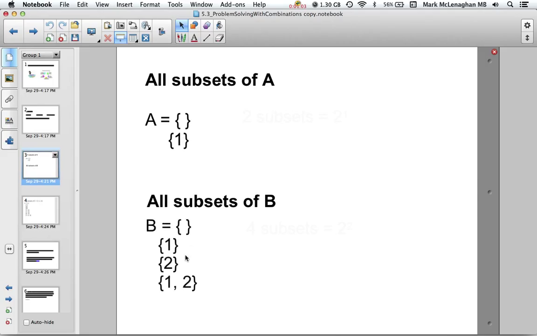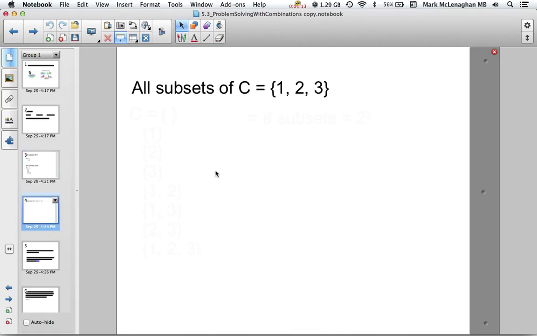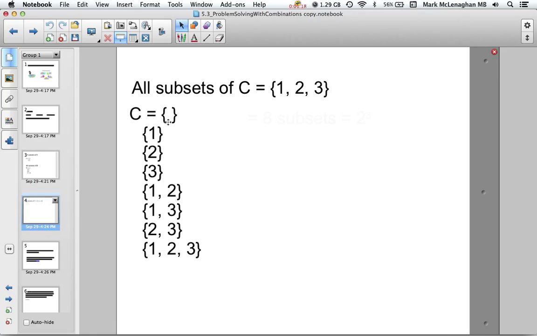Subsets of B are the null set, 1, 2, and 1, 2. Order doesn't matter, so this is just one set instead of being two sets. Subsets of 1, 2, 3 are the null set, 1, 2, 3, 1 2, 1 3, 2 3, and 1 2 3.